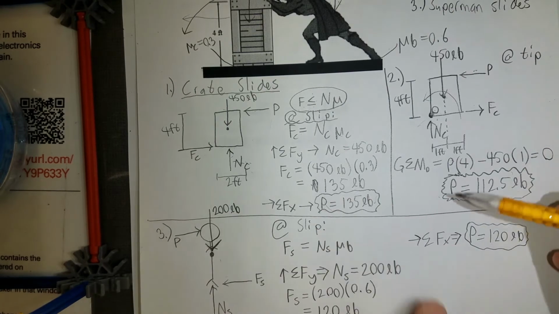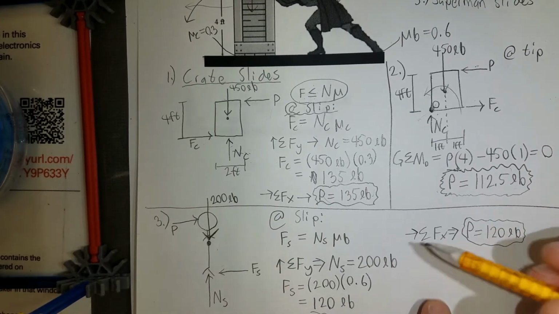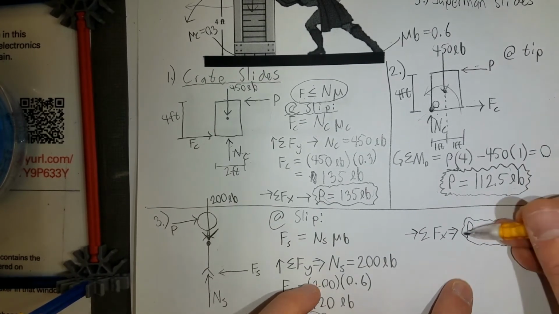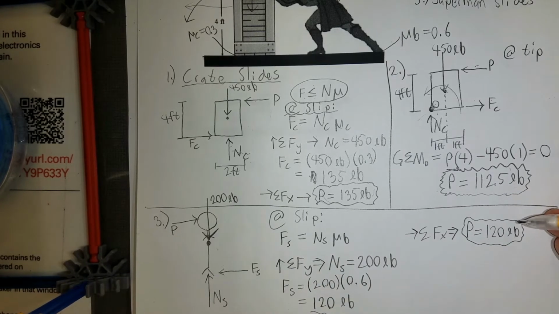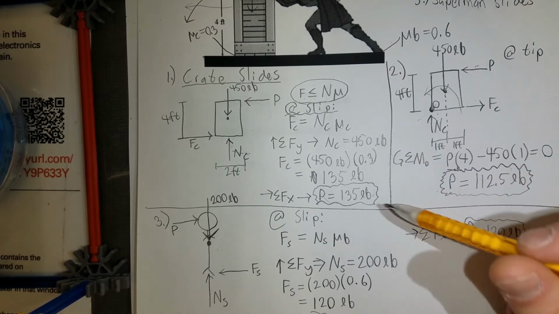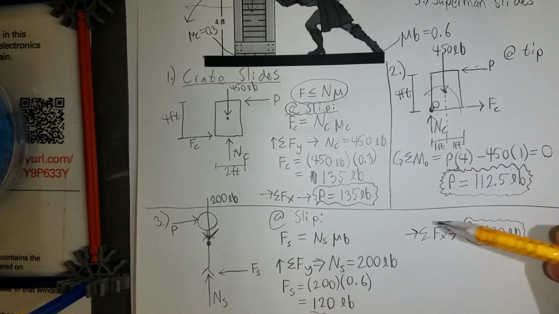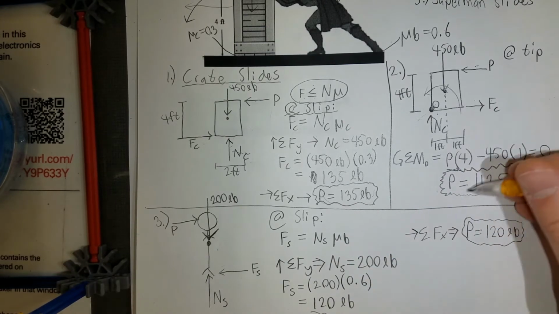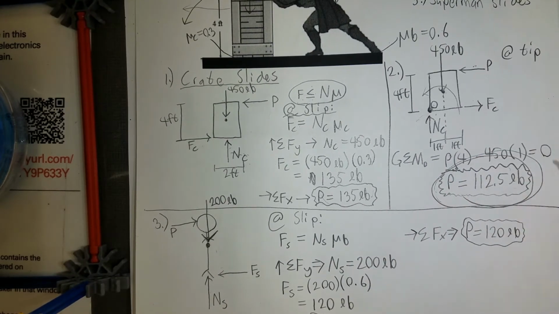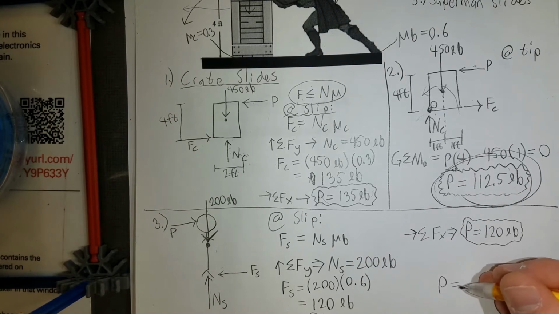And then similar for Superman, the minimum P we need for him to start slipping is 120 pounds. Ultimately, we need to find out what the smallest P value is, because that's going to happen first. If we look at this situation, the smallest P-value we have is this one right here, the 112.5 pounds.